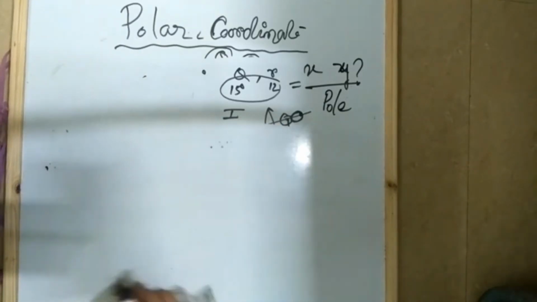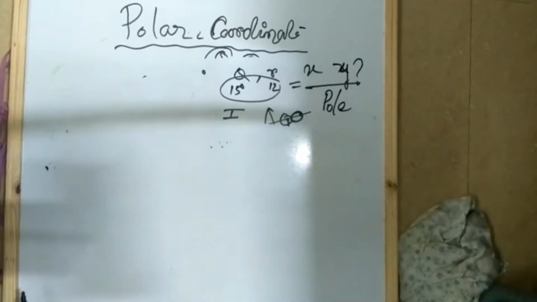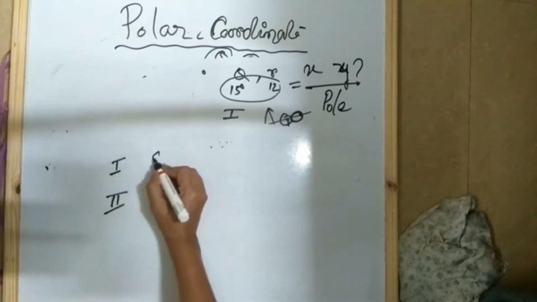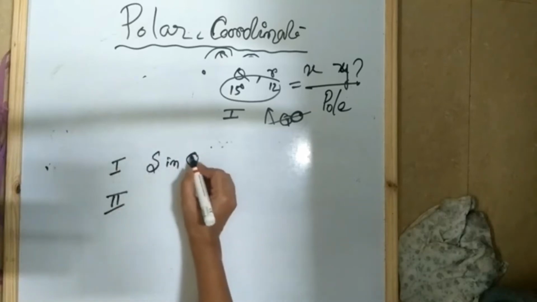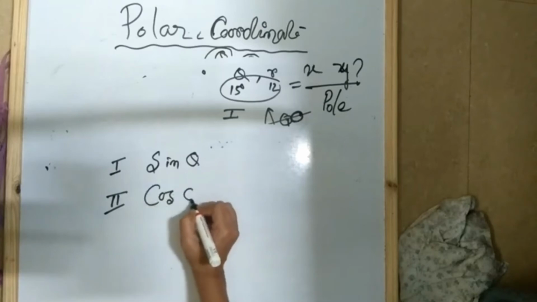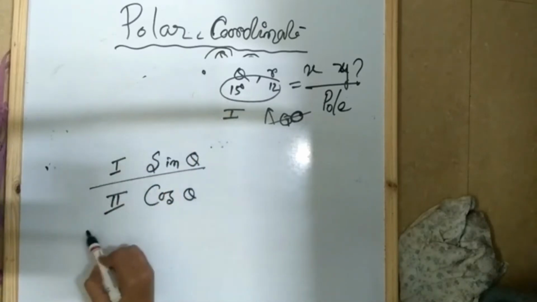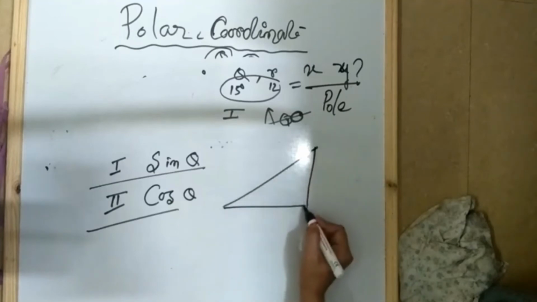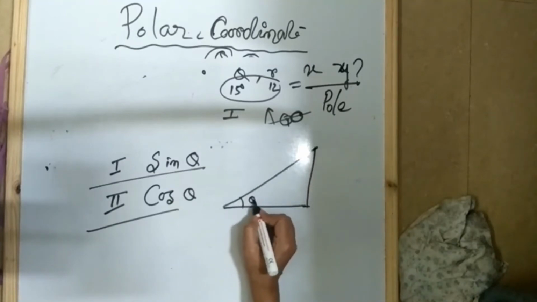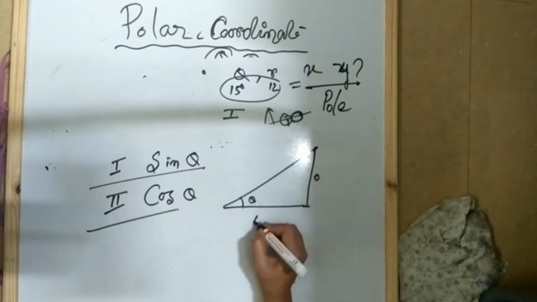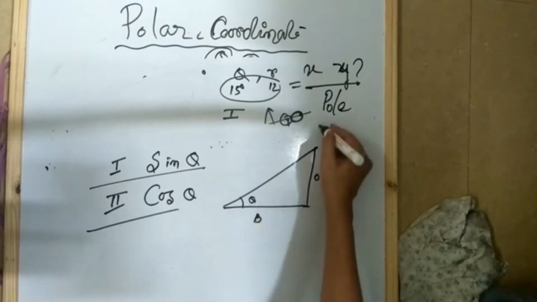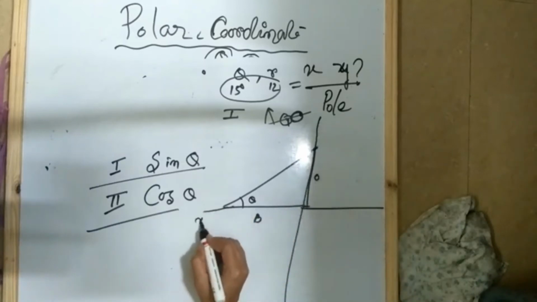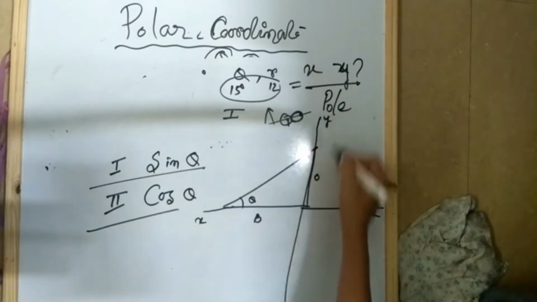Last time, for the conversion of Cartesian to polar, we used tan. Now we can use sine theta and cos theta for this conversion. You know, this is a triangle with a 90 degree angle. This is theta, this is opposite, and this is base. Suppose it's a part of the coordinate system, so this is the x-axis and this is the y-axis.